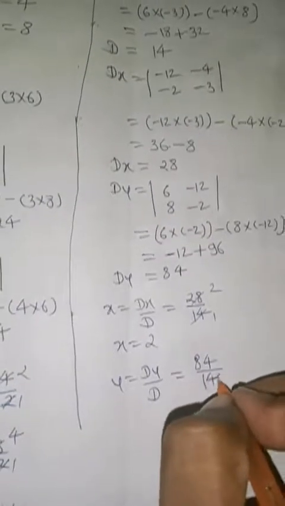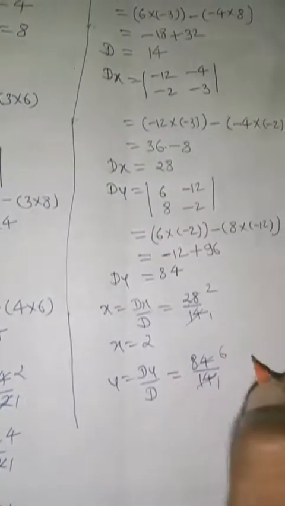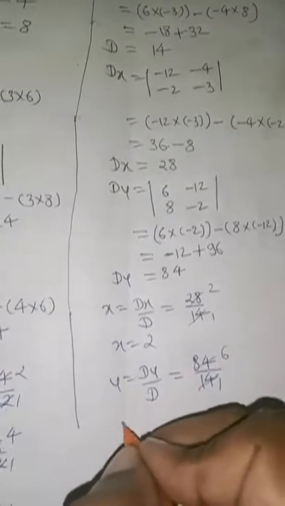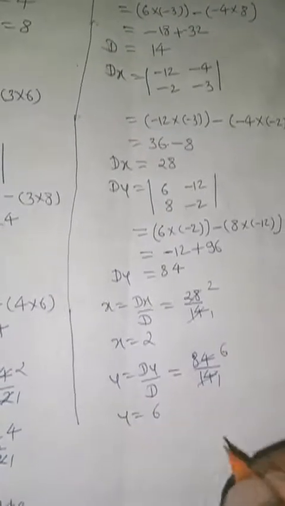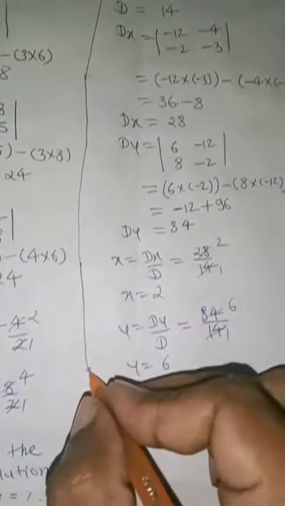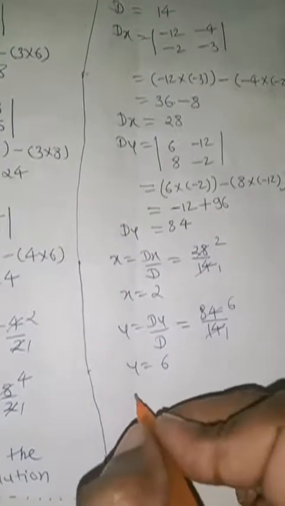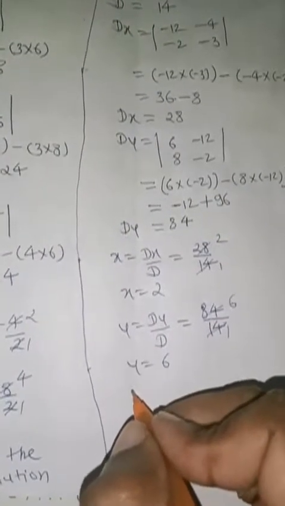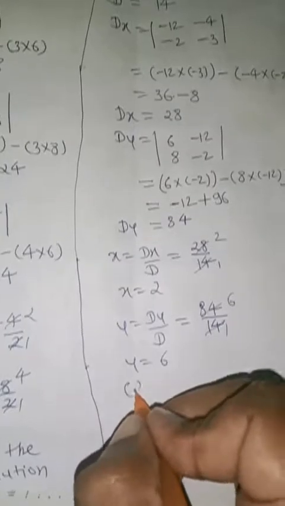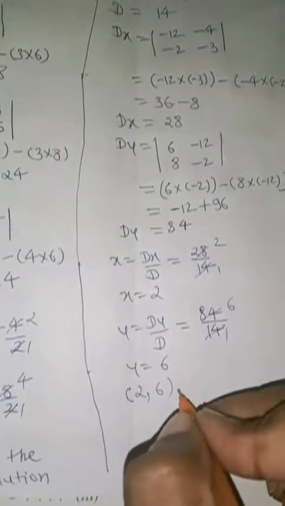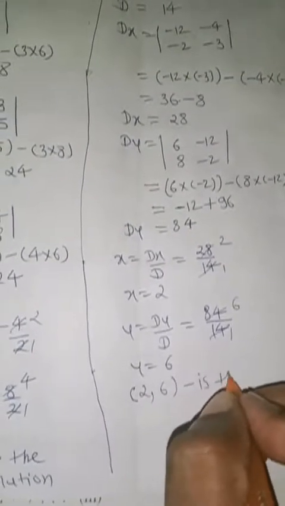And we know 14 ones are 14, 14 sixes are 84. Therefore y is equal to 6. Therefore the solution of the equation is x is 2, y is 6.